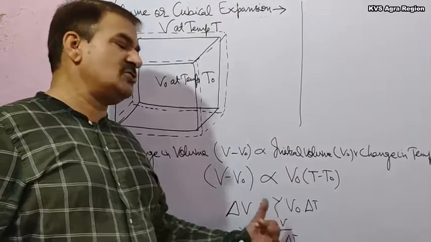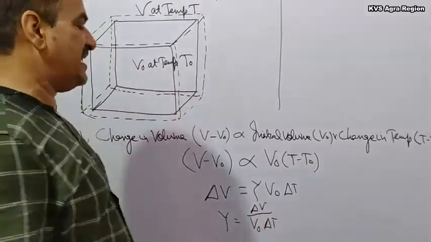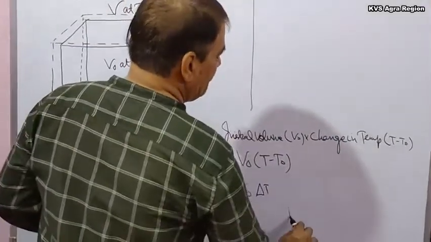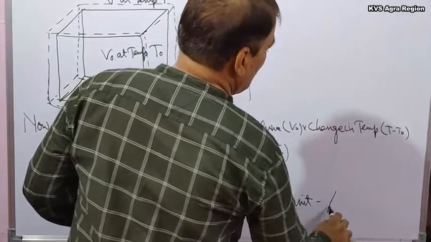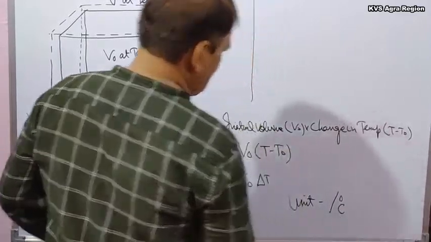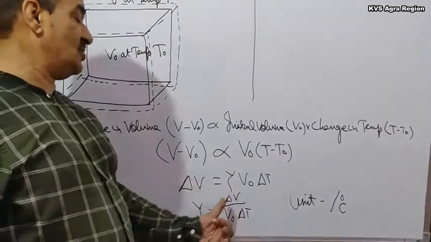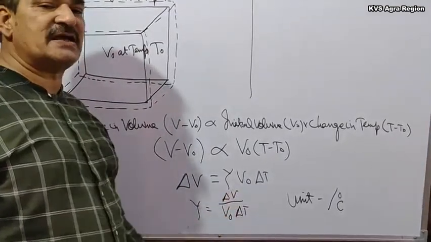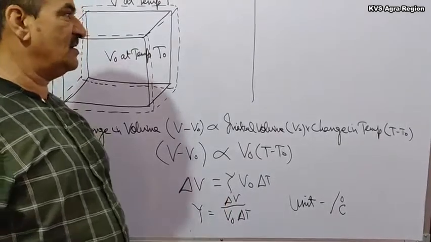Its unit will be per degree Celsius, because volume is there in the numerator as well as the denominator, so these two will cancel each other.